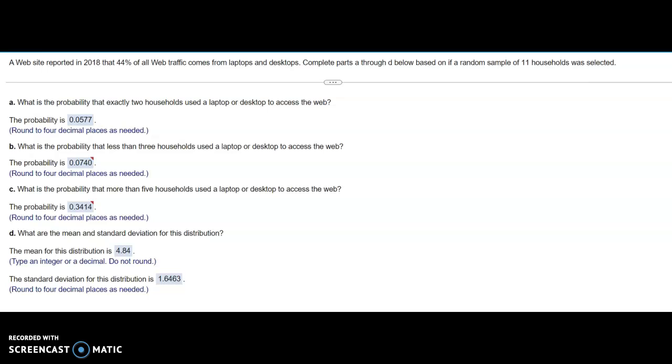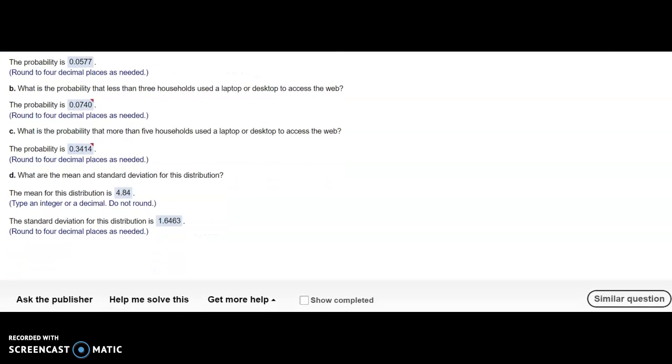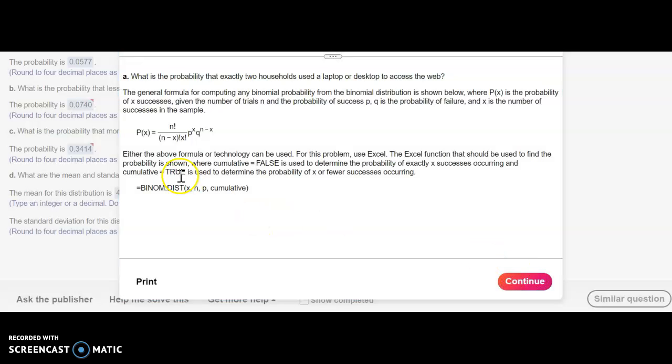Well, the first question is, are we doing this with a formula or are we using Excel for this one? Because the rounding is going to matter based on what you're using. So click on View an Example, and I believe that we are going to use binom.dist, the Excel formula, where you have X, N, P, and cumulative.